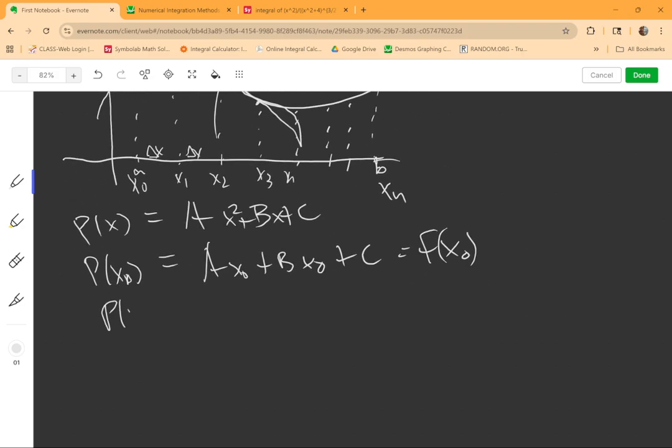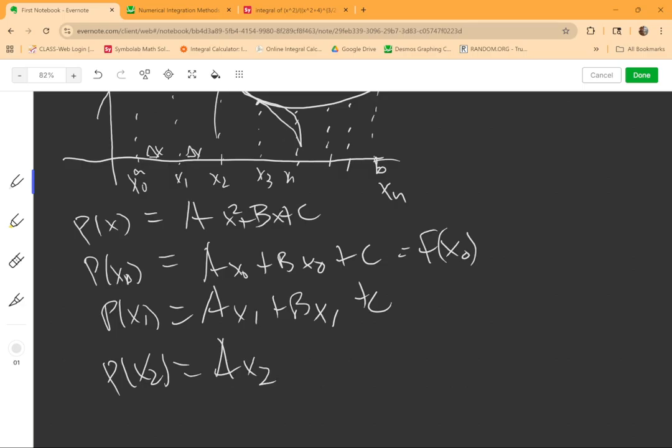And then P of x1 is ax1² plus bx1 plus c, and P of x2 is equal to ax2², excuse me, these are squared, plus bx2 plus c. And that's our f of x1, f of x2.